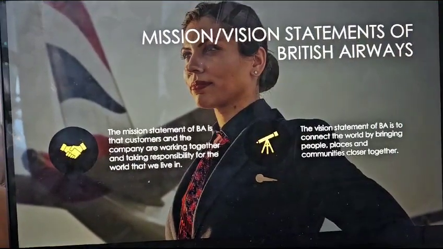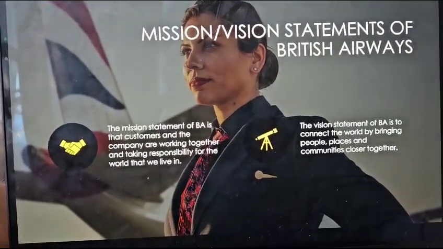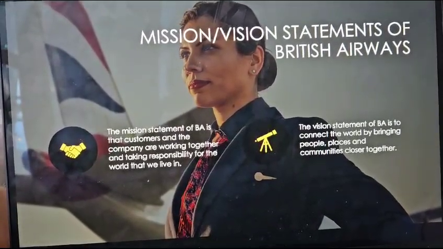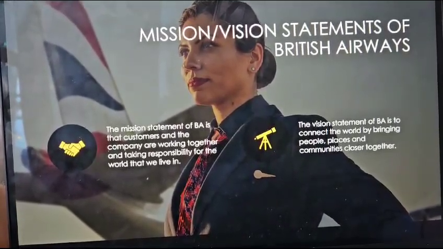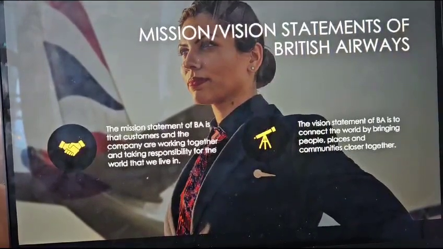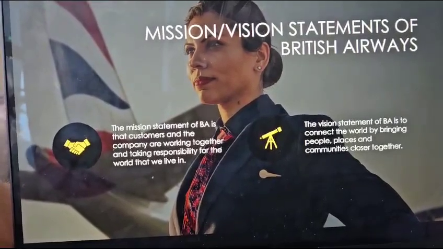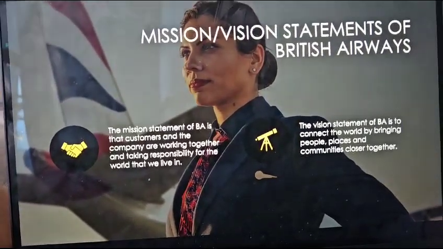Mission and vision statements for the company. British Airways' mission statement is that customers and the company are working together and taking responsibility for the world that we live in. The vision statement of British Airways is to connect the world by bringing people, places, and communities closer together.